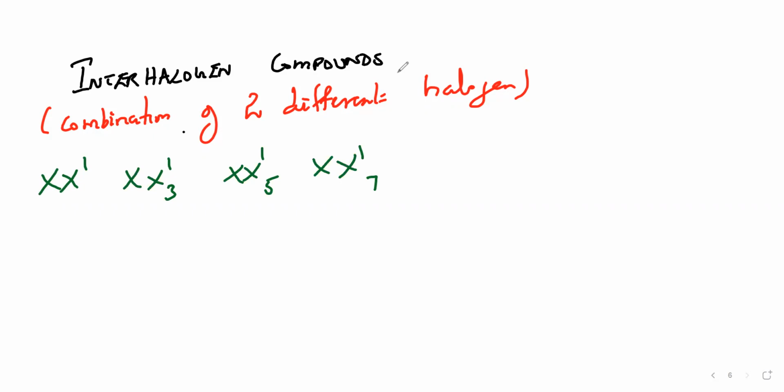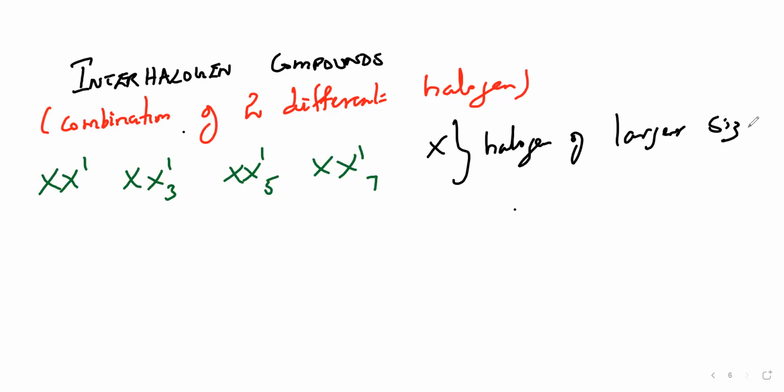If you ask me what X and X' are, X is the halogen of larger size. X' is the halogen of smaller size.